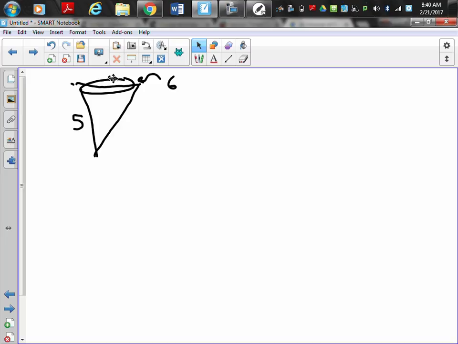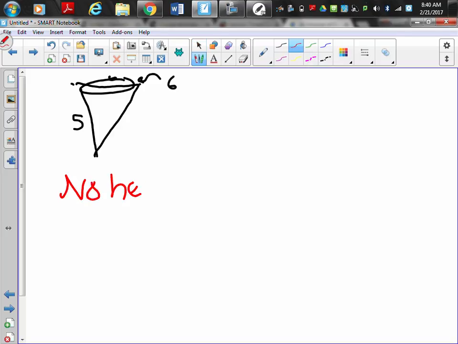Height. We don't have a height. Alright. No height given. Now we got a problem. Look at the diameter. We have a diameter.